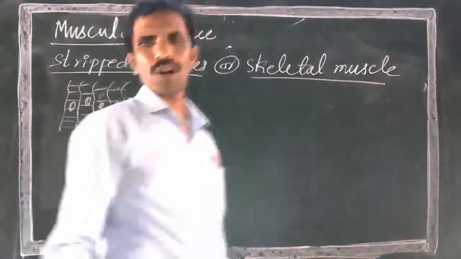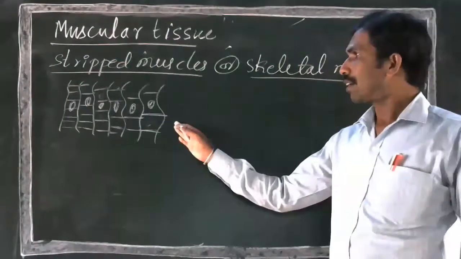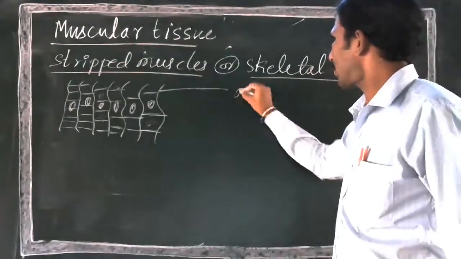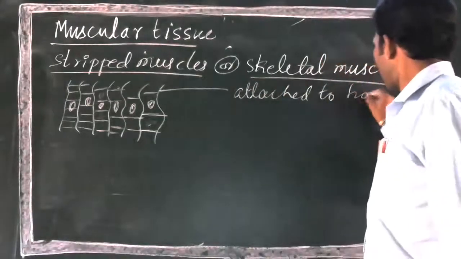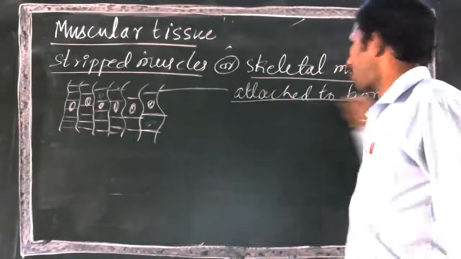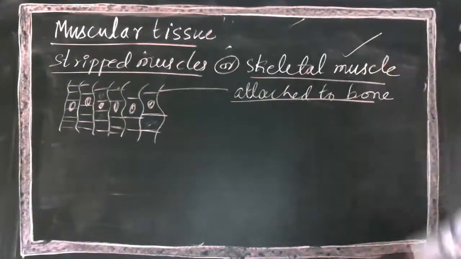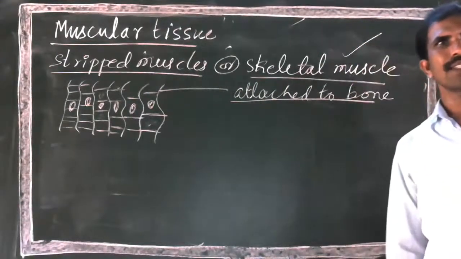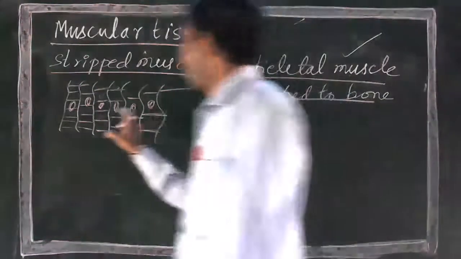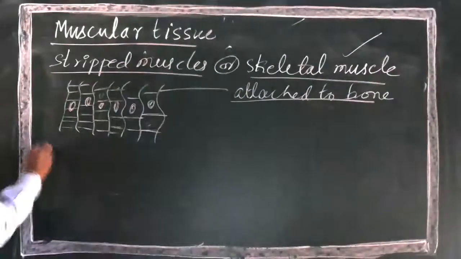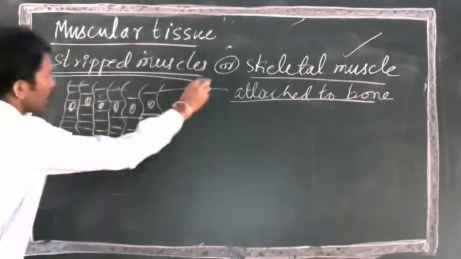Why are these called skeletal muscles? Because they are always attached to the bone. They help in the movement. That's why we call them skeletal muscles. See these muscle cells of striped muscle.